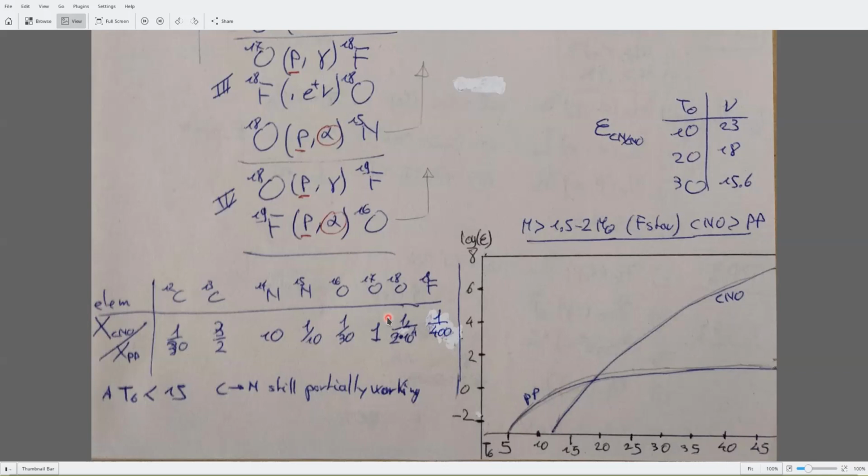This big dredge-up, as it's called, usually happens in the asymptotic giant branch, when the star has already burned also the helium. That is really well mixed. And you can see the result of the CNO on the surface.